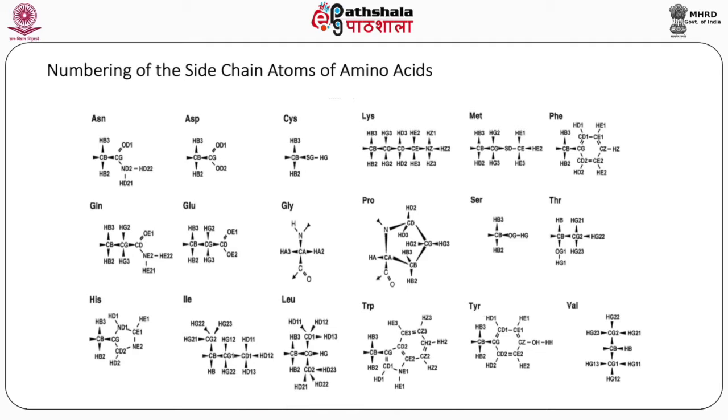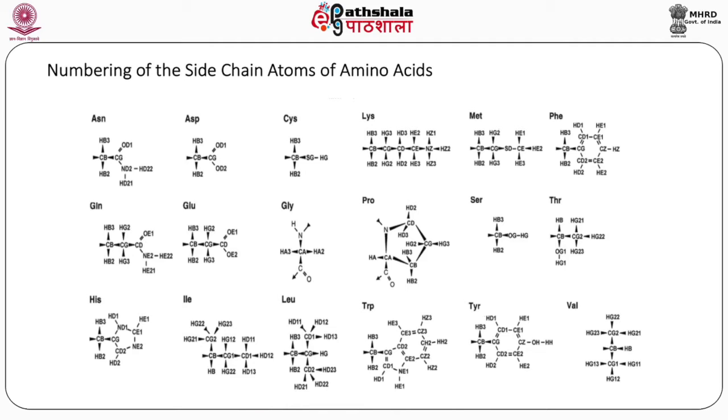For example, at the right lower corner we have valine. Valine has your C alpha linked to H alpha, which is not shown, and then in the side chain you have C beta, which is linked to H beta, and then you have C gamma 1, which has 3 protons labeled as Hg11, Hg12 and Hg13, and then the other methyl group, labeled carbon as Cg2, with protons as Hg21, Hg22, Hg23.